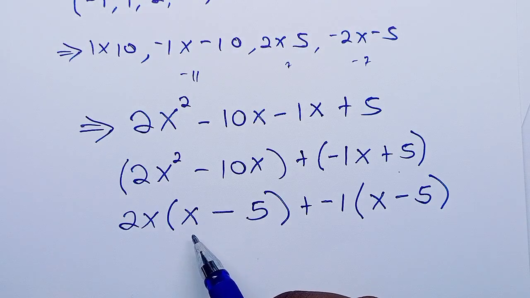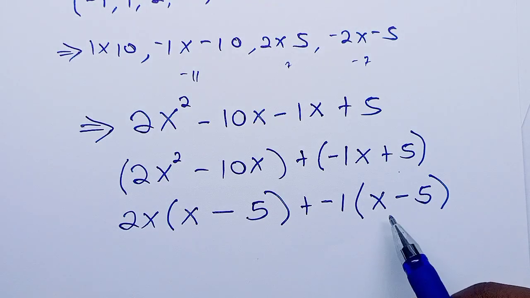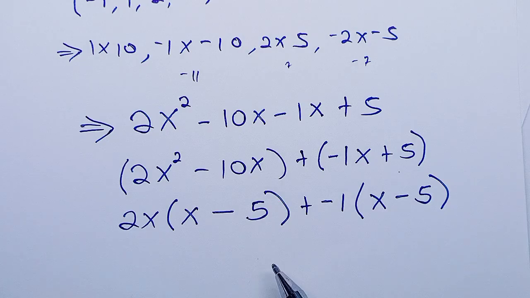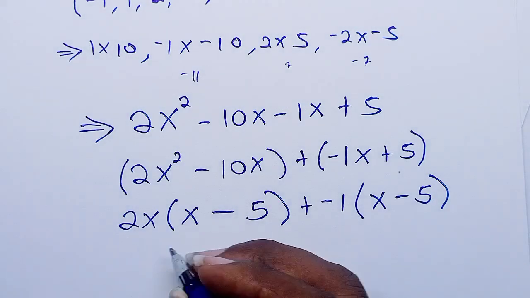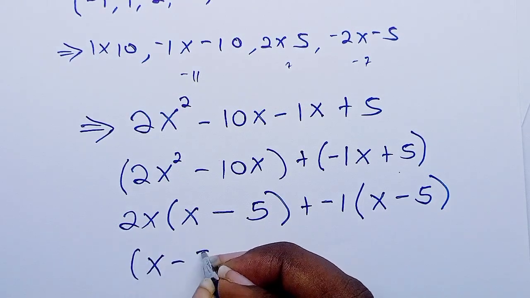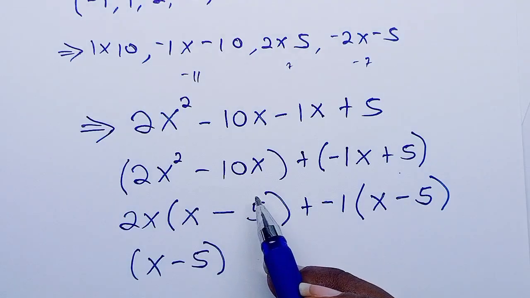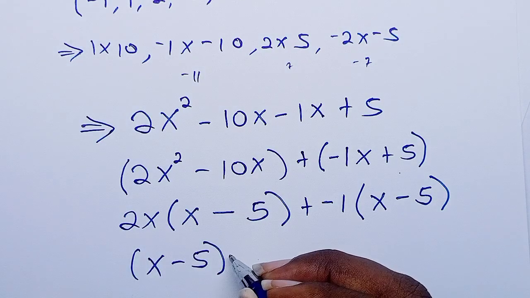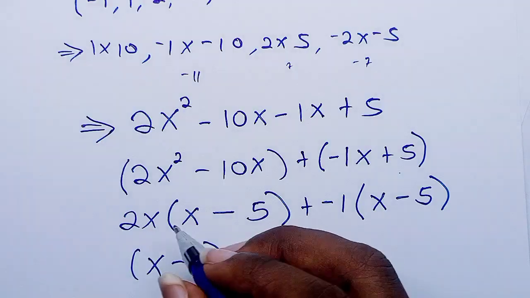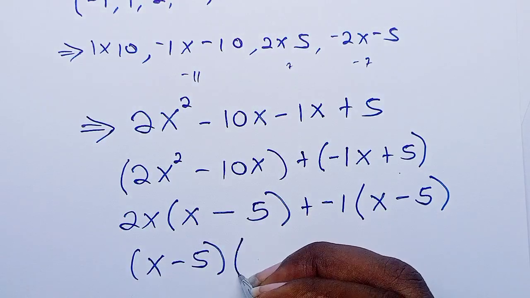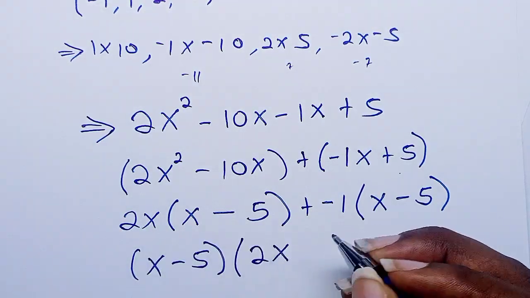Since now we have x minus 5 here and x minus 5 here, we can factor it out because it's common. So we have x minus 5. Now this divided by x minus 5 cancels, and we are left with 2x.